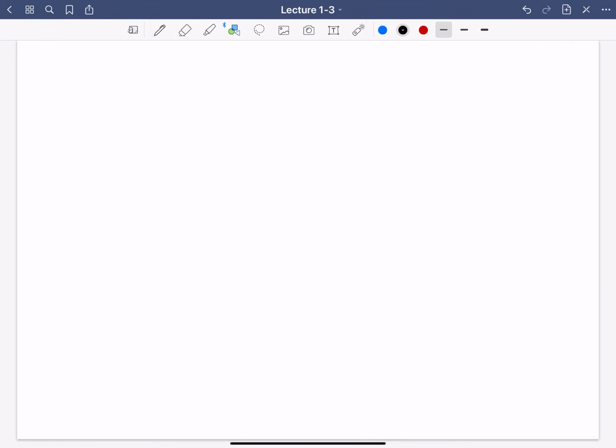So where are we? Let's just have a brief recap. So at this point I've talked about derivatives in Leibniz notation dy by dx, and I've talked about antiderivatives, also called these indefinite integrals.